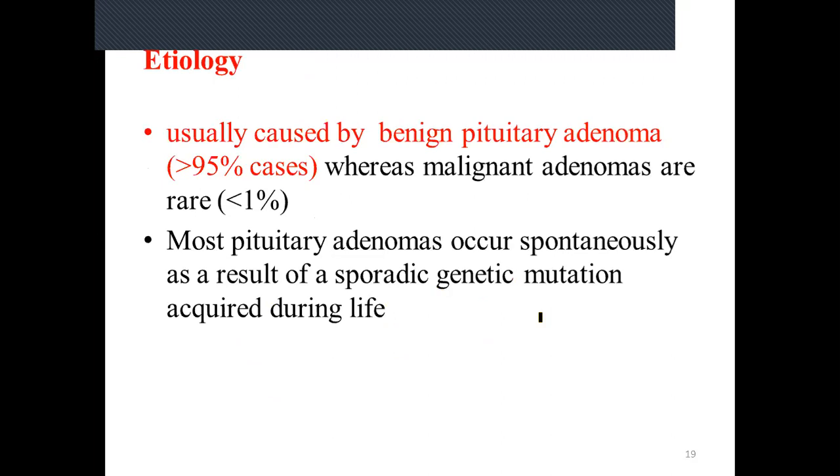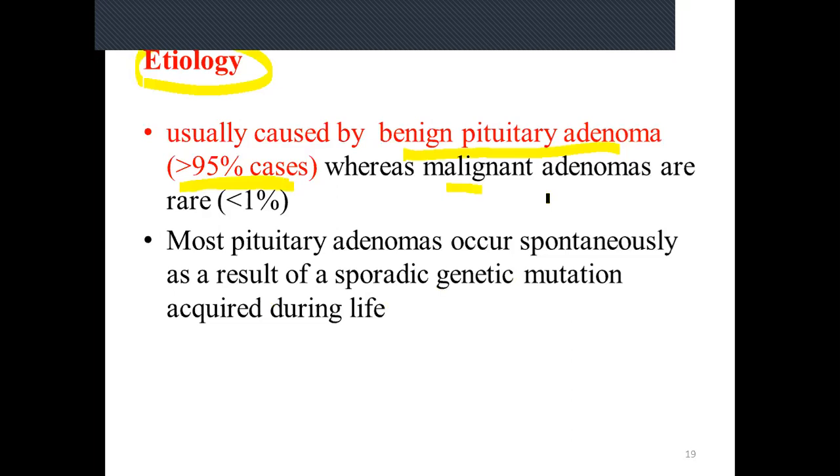Then, when you look at the etiology, this excessive production of growth hormone is mostly caused by benign pituitary adenoma. Like what we have seen in hyperparathyroid disorder, pituitary adenoma is the most likely cause of excessive growth hormone production.